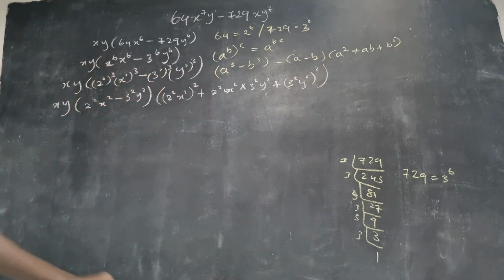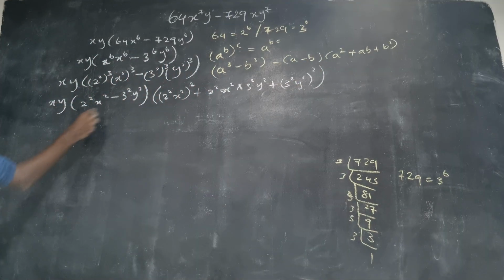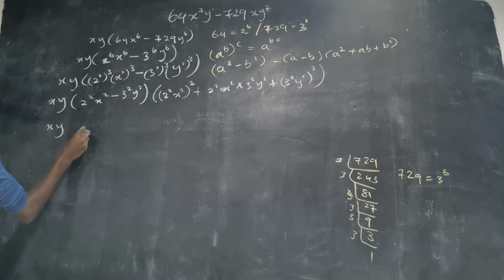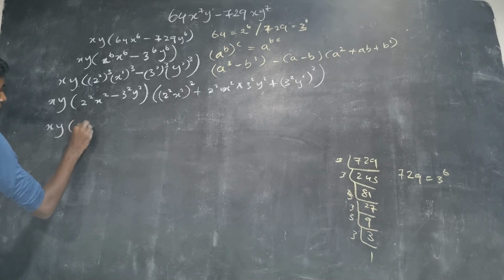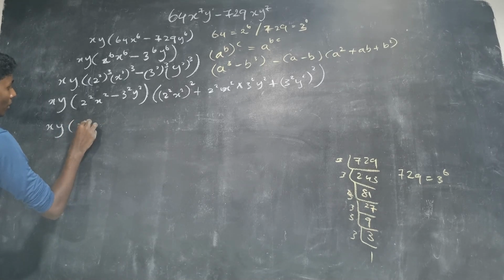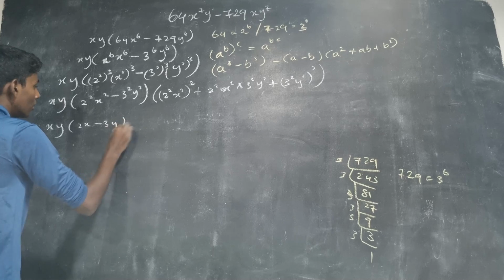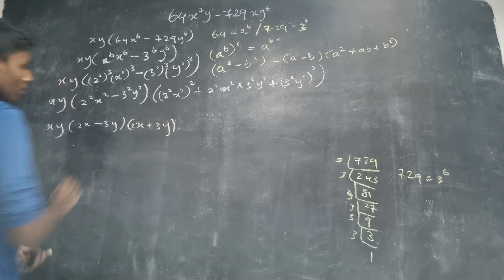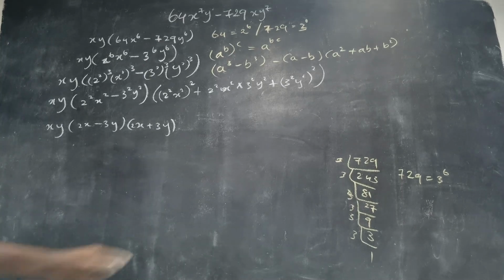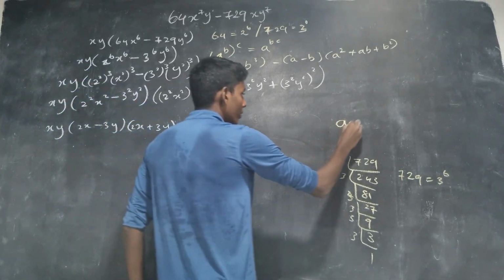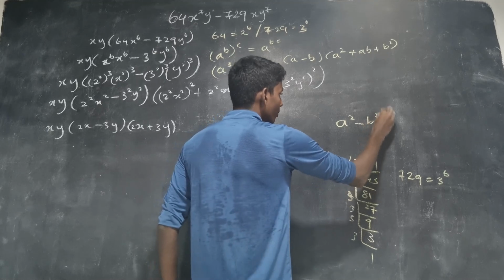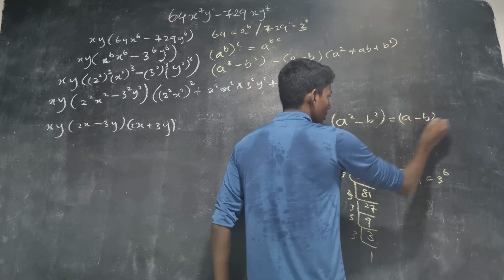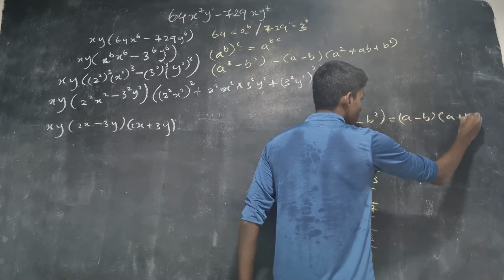That's it. So we can write this like this: xy times (2x minus 3y)(2x plus 3y). Using this theory, a to the power of 2 minus b to the power of 2, we can write this as a minus b and a plus b.